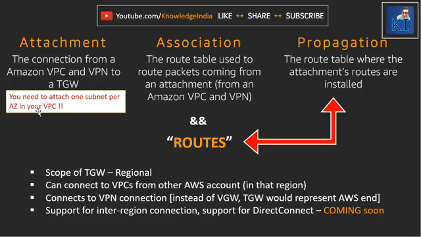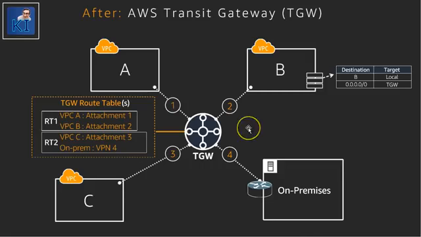Okay. Next thing is association. Now this one is very important. The association basically tells you which route table within TGW would be used for which particular VPC, right? So let me show you here.